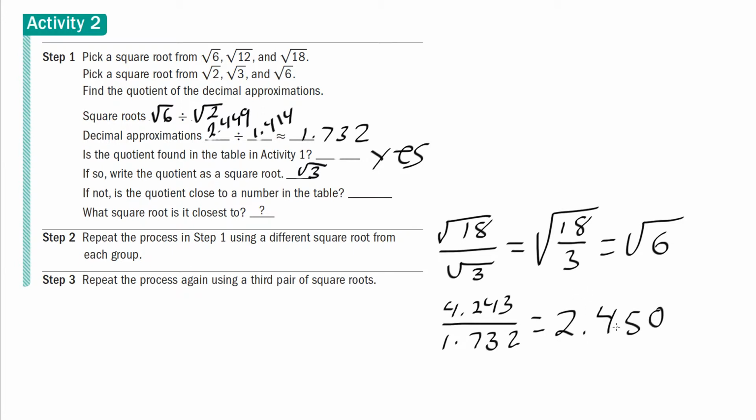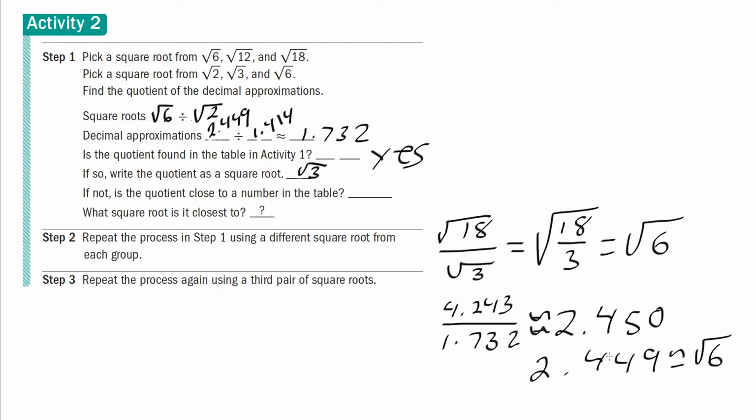And that doesn't quite hit, but what it's closest to is 2.449, which is approximately equal to root 6. So we see we can get very close, and we can estimate it from that point.